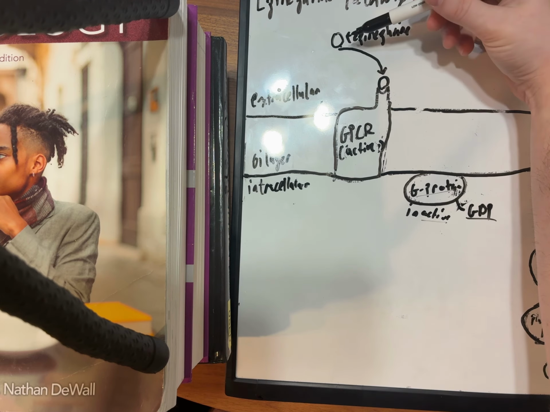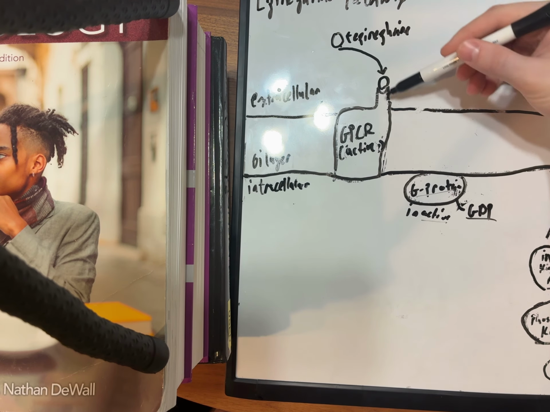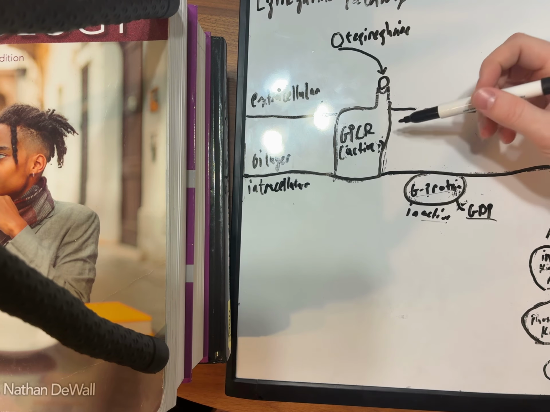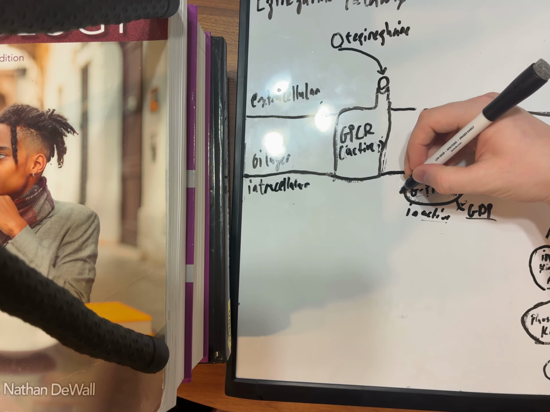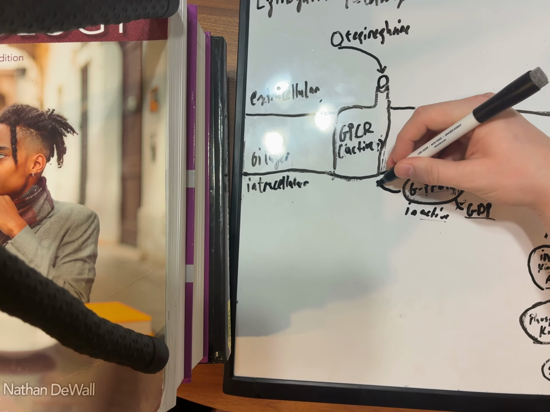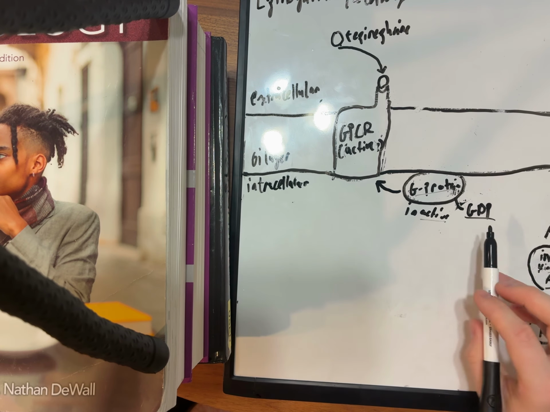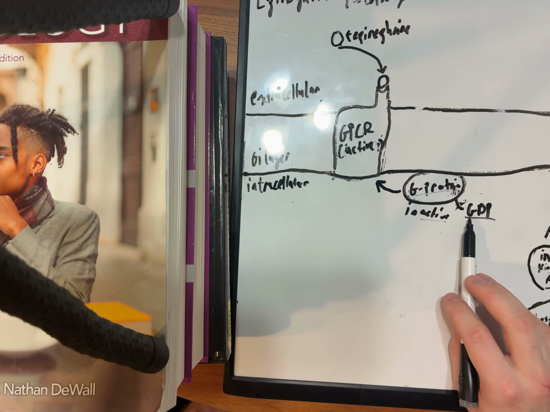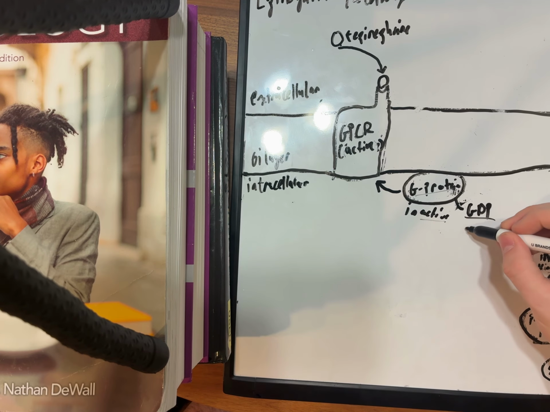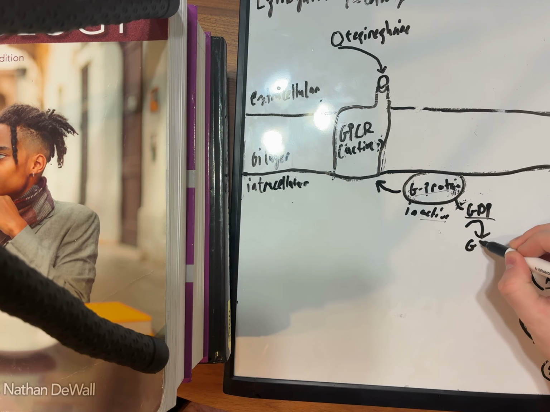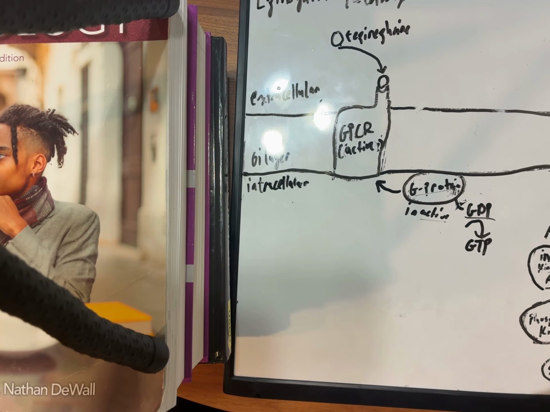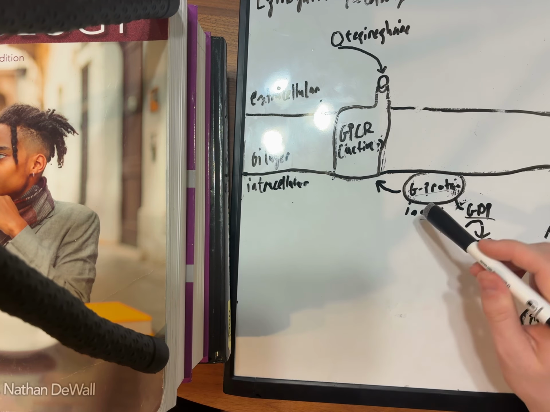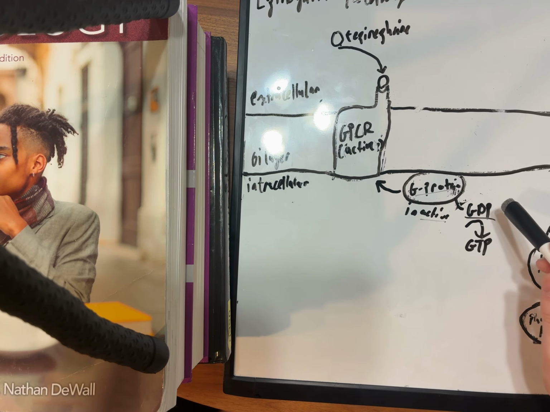When this epinephrine binds and causes a conformational change in this receptor, it's going to cause this G protein to go towards the GPCR, and it is going to exchange its GDP for GTP. And when it changes to GTP, that activates the G protein.